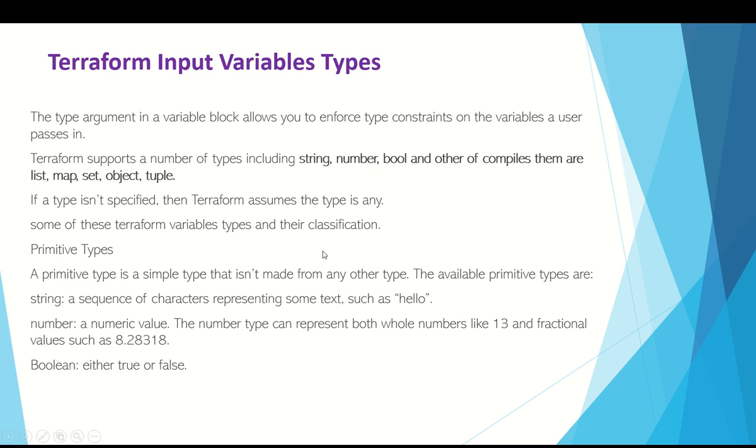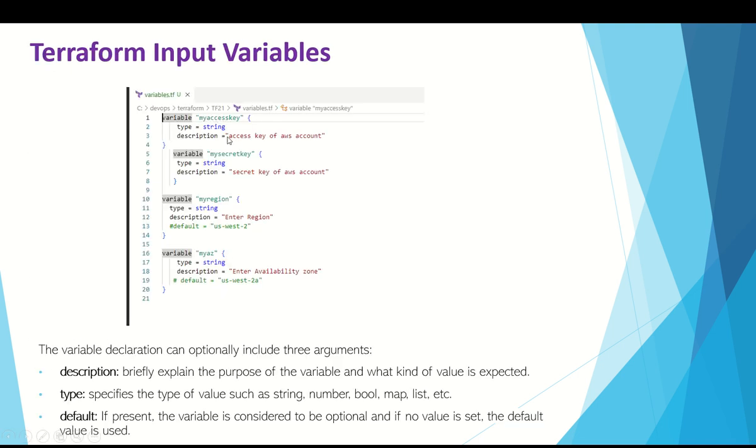String is where you can provide any input, like please enter your access key. If you see here, this is a string type. Whenever you execute it, Terraform will ask you to enter the access key. String is nothing but something you're asking for as input.